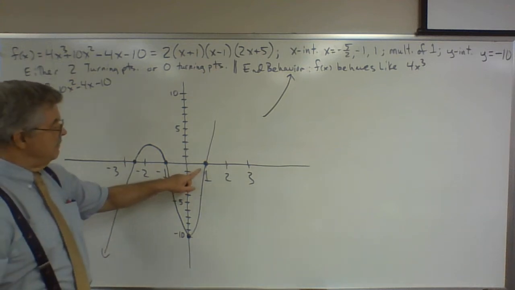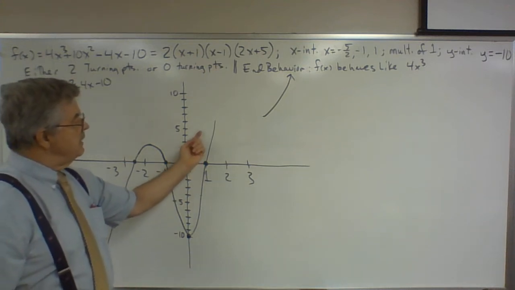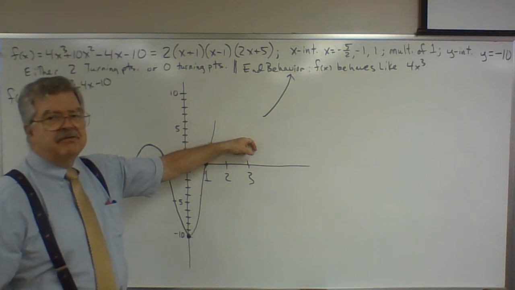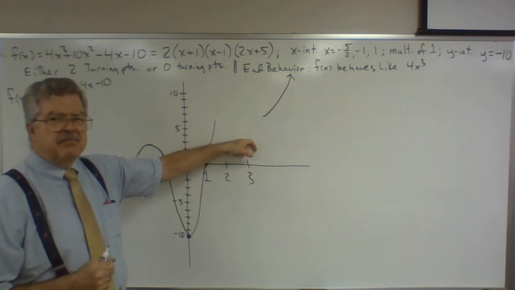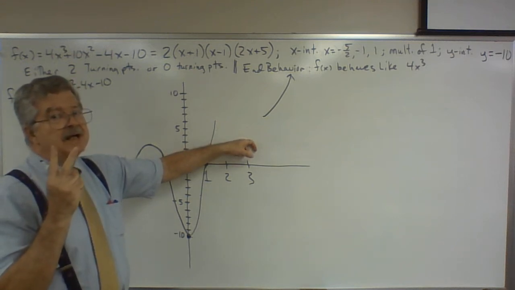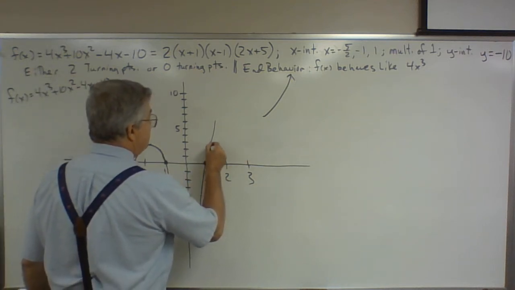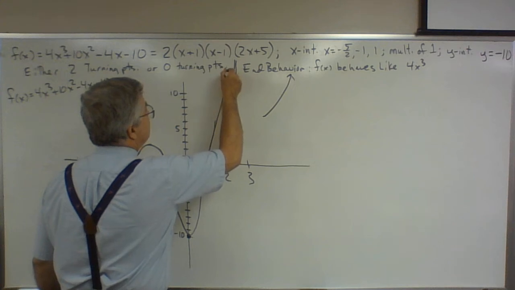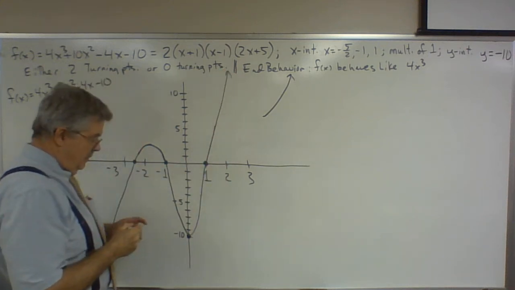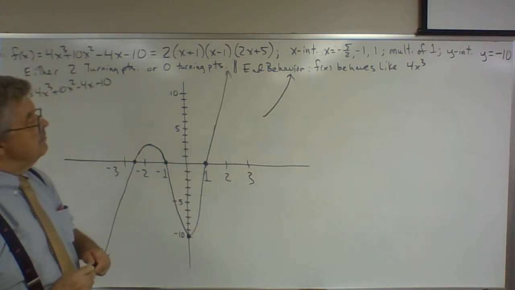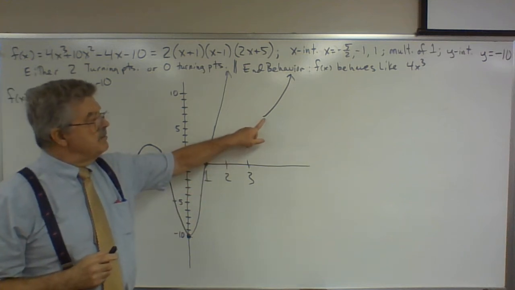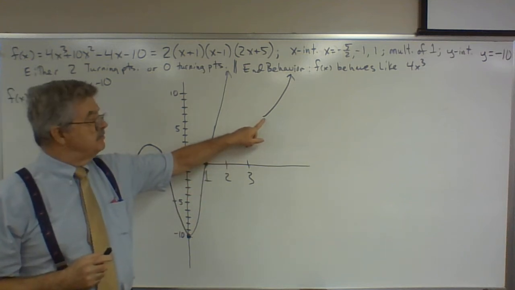And over here, the graph can't turn around and come back because that would be a 3rd turning point, and we only got 2. So this graph has to keep on going up and to the right like that. Which is fine because this is what our end behavior tells us the graph should look like.